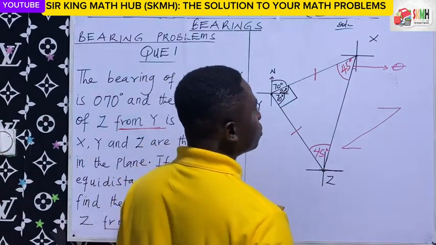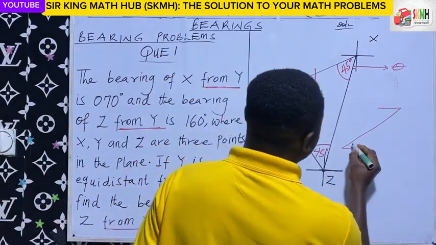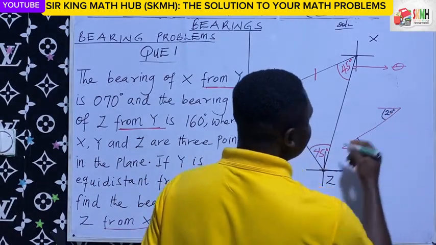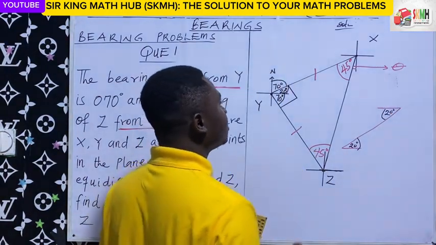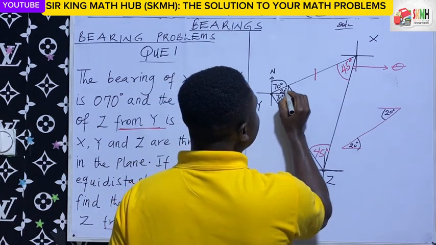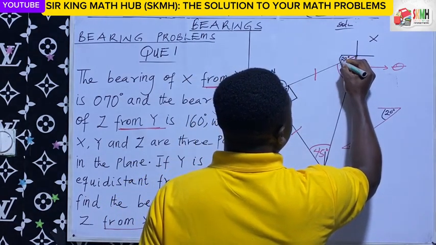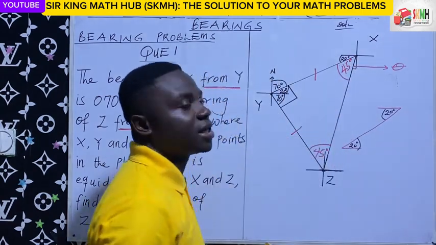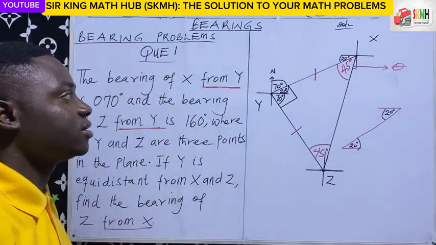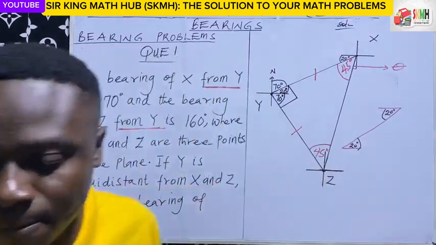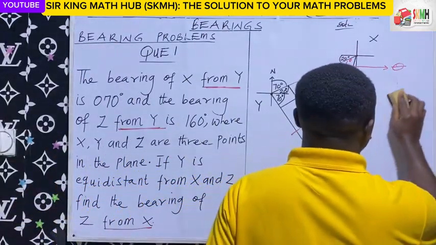They are equal. So, if this angle here measures 20 degrees, then this angle here must also measure 20 degrees. So now we can calculate for theta.